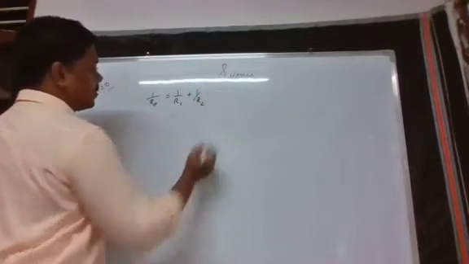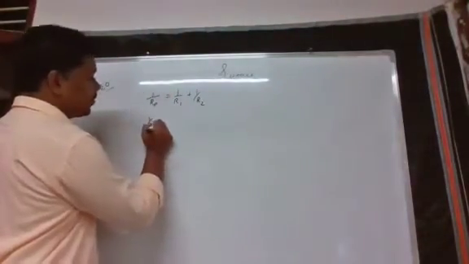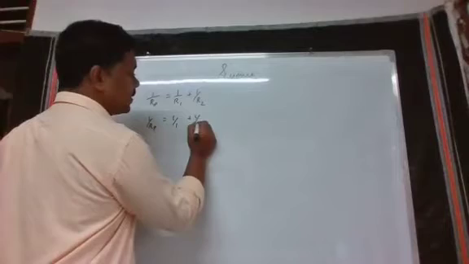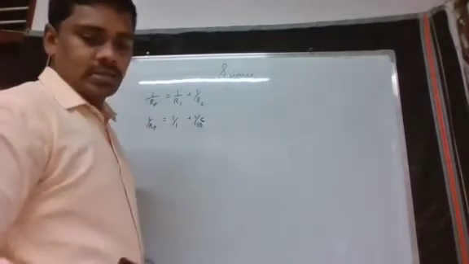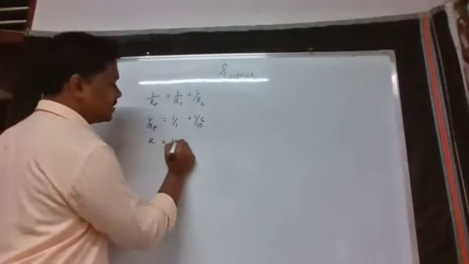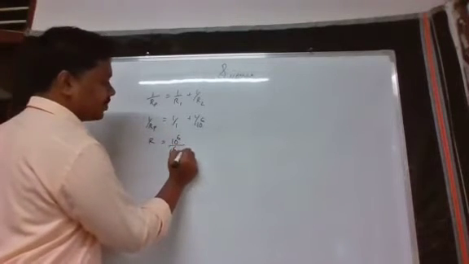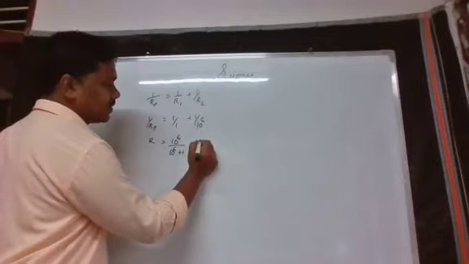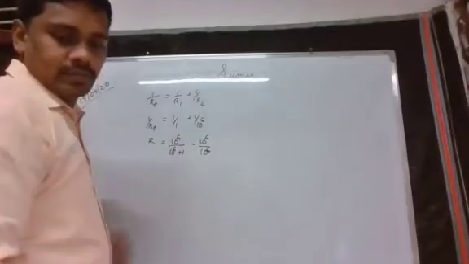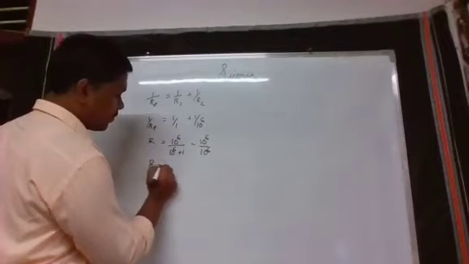Here 1 by Rp is equal to 1 by 1 plus 1 by 10 raised to 6. So we get R is equal to 10 raised to 6 by 10 raised to 6 plus 1, which is approximately 10 raised to 6 by 10 raised to 6. Therefore, R is equal to 1 ohm.